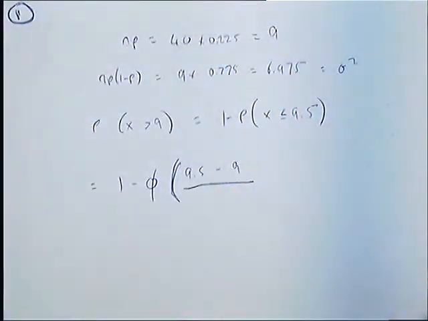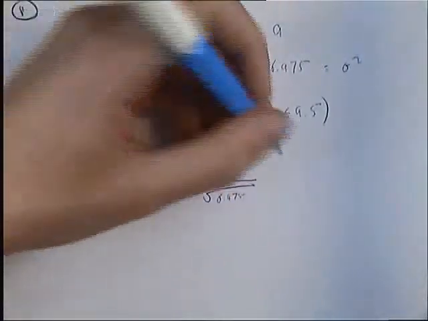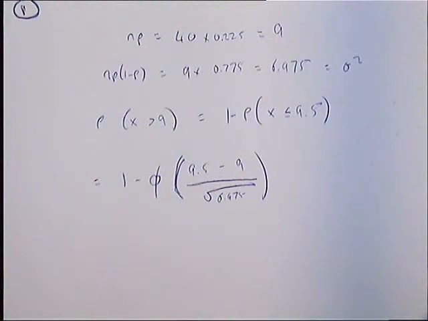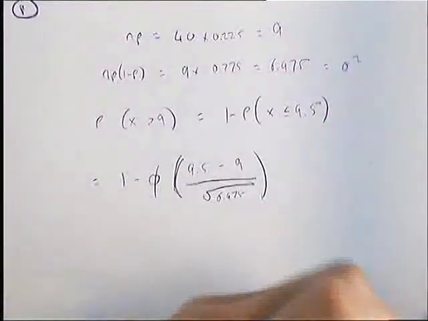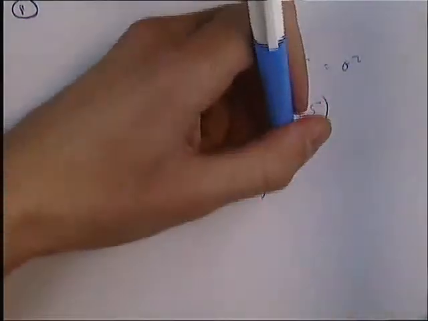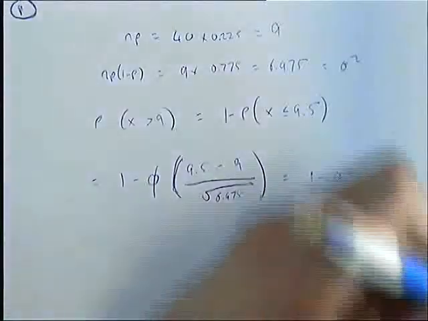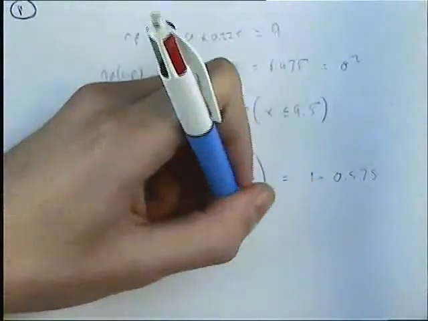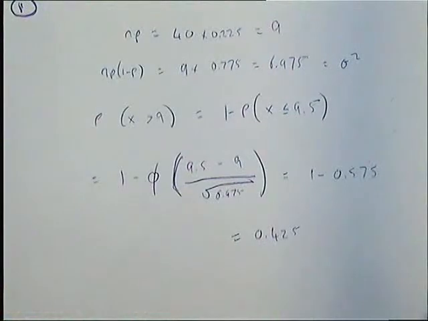And then you've got to divide by the square root of that, because it's the standard deviation, 6.975. And then using the tables and doing lots of rearranging, I found out that the phi of that whole thing was 0.575. So 1 minus 0.575 is equal to 0.425.